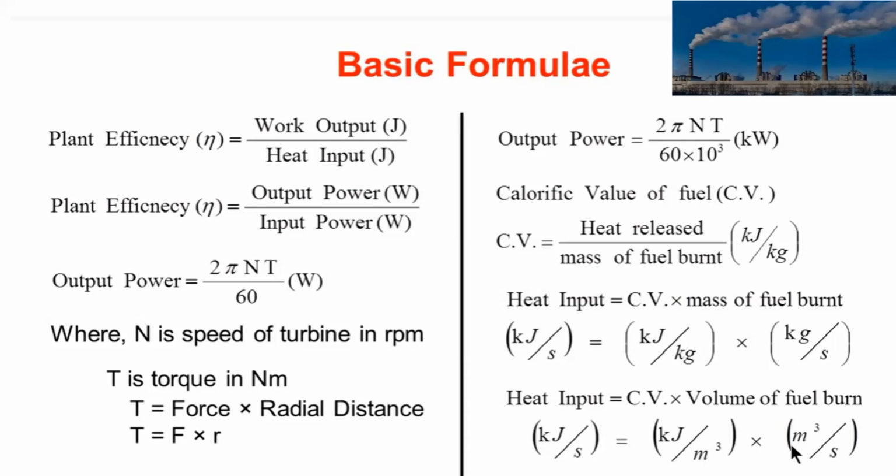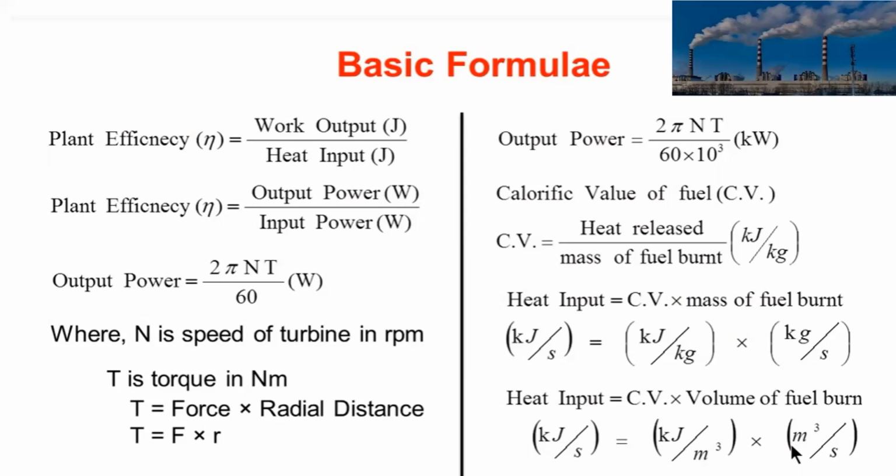Output power is brake power, which is 2 pi NT upon 60, where N is the speed of the turbine in RPM, revolutions per minute, and T is the torque in newton meters. T can also be written as force into radial distance, that is T equals F into R. Output power is 2 pi NT upon 60 into 10 raised to 3, in kilowatts.